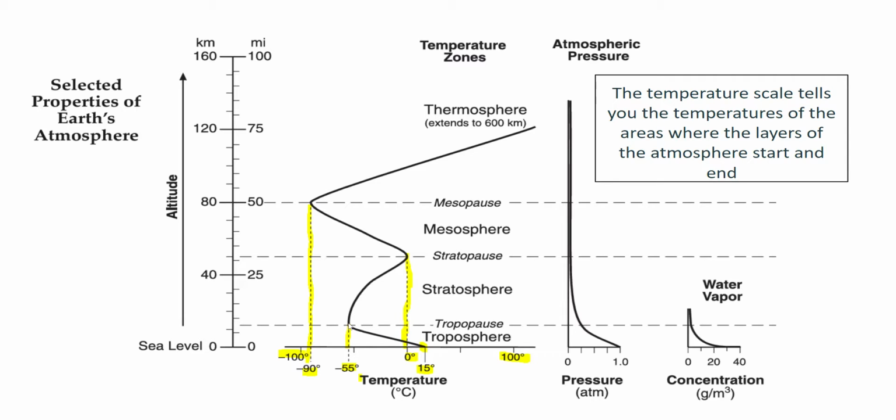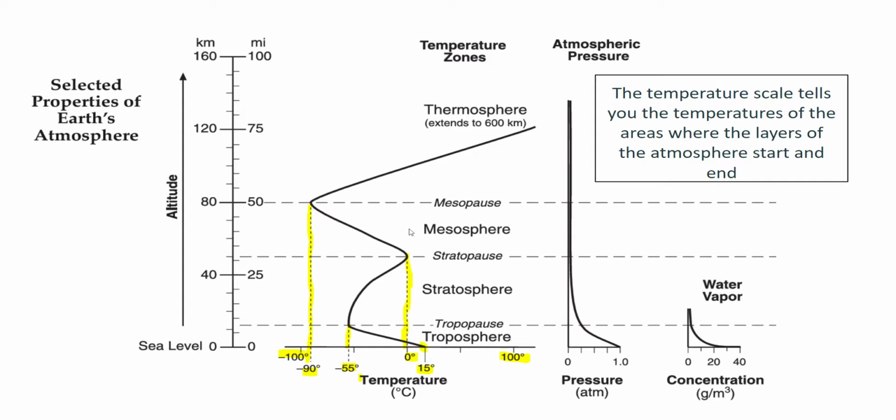As we go up high towards the tropopause, the troposphere is getting cooler, right? It's going from 15 degrees to negative 55 degrees. And notice that for the stratosphere, as I'm going up in altitude, my temperature is going from negative 55 degrees Celsius to 0. So that means my temperature is actually increasing in the stratosphere.